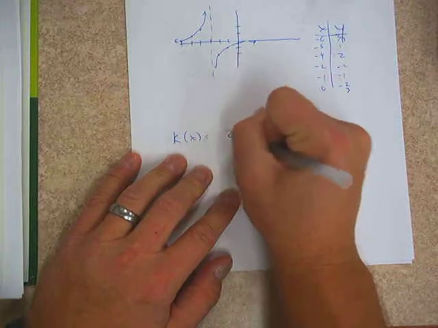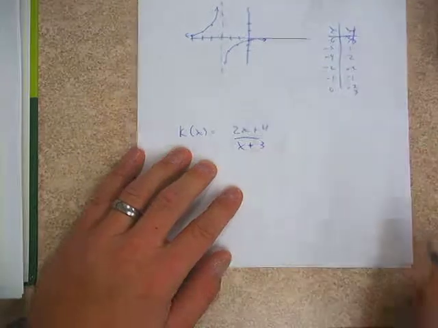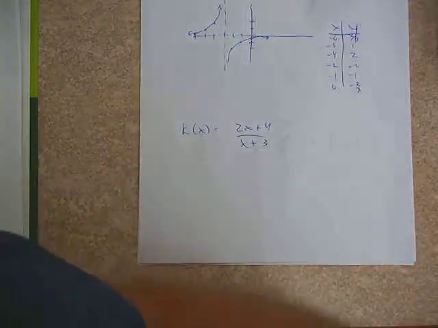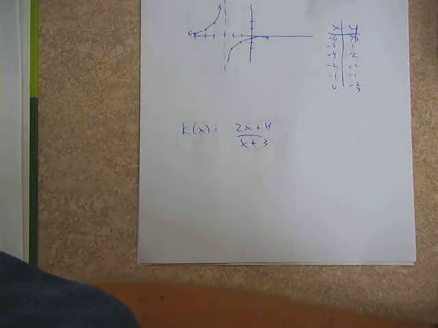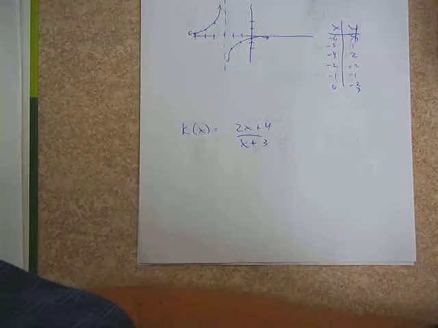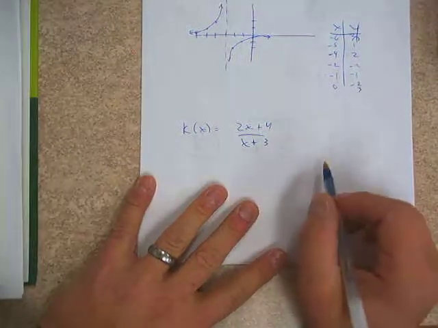All right. Now, the last one that I want to look at, we have to do a little bit of work to decide how it's going to look. Okay. And the function this time is going to be k of x equals 2x plus 4 over x plus 3.